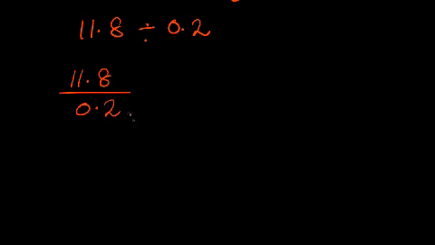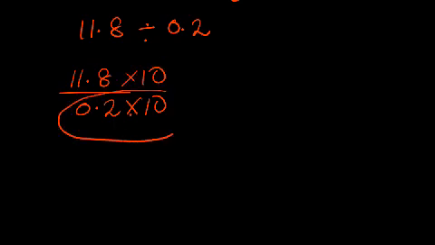We are going to change the divisor into a whole number. For that, you have to multiply both by 10. I have to make the divisor a whole number. For that, I multiply 0.2 by 10, then it will become 2.